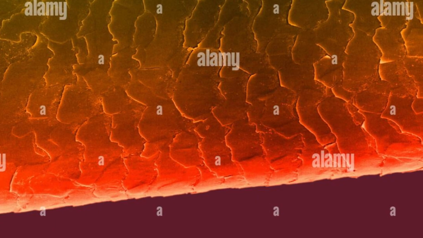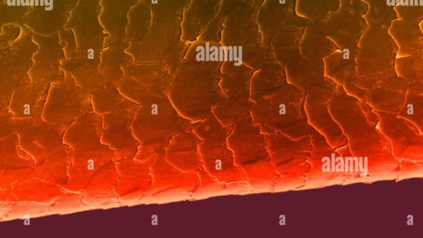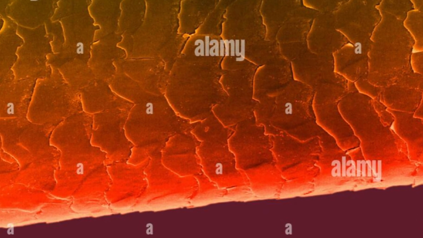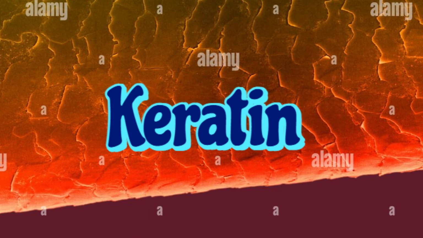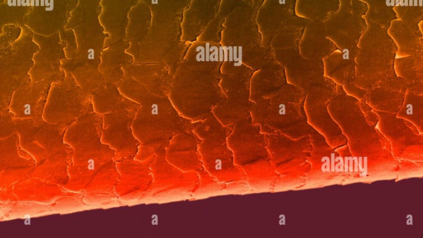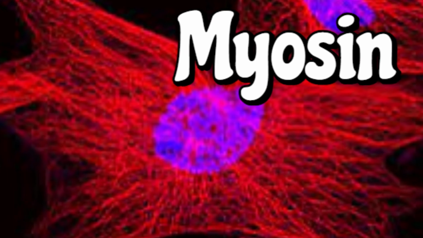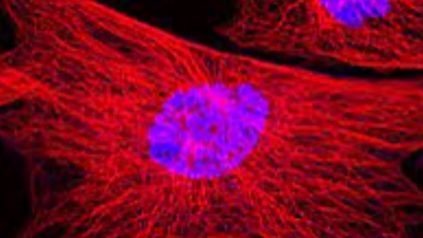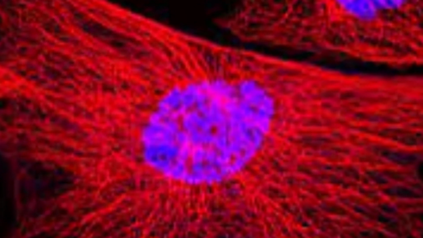Their polypeptide chains run parallel and are held tightly together by hydrogen and disulfide bonds, forming a tough, fiber-like structure. The key characteristic? They are generally insoluble in water. Think of keratin in your hair and wool, or myosin in your muscles. They're built for strength and structure.